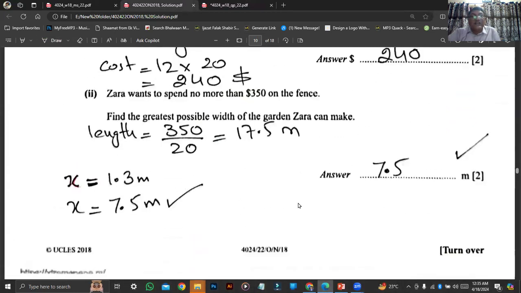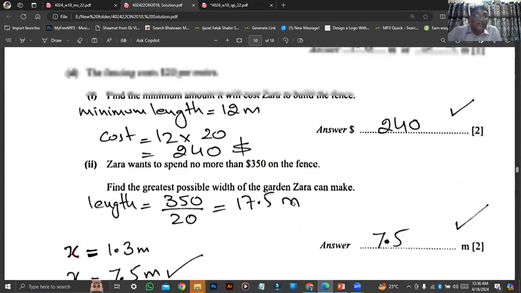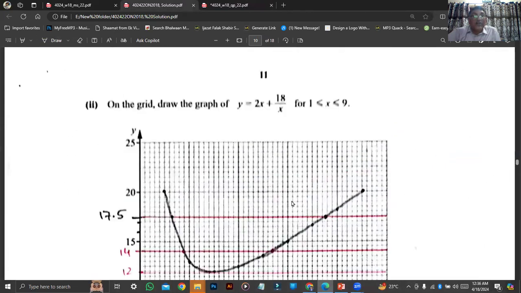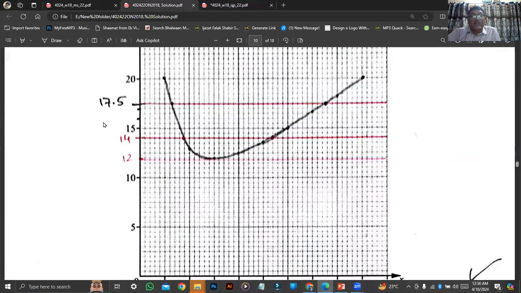The length of the fence is 350 divided by 20, and that is 17.5 meters. So now I know the length of the fence is 17.5 meters. From this graph, I will check the length of the fence, 17.5. I will draw this line. When it cuts my graph, I will check what the value of x is there.